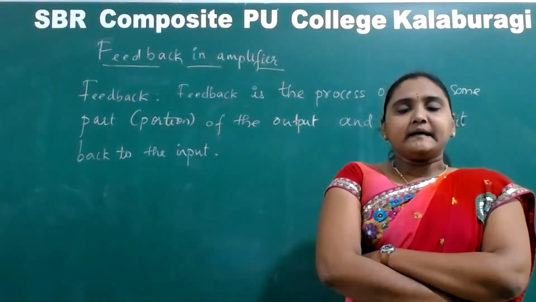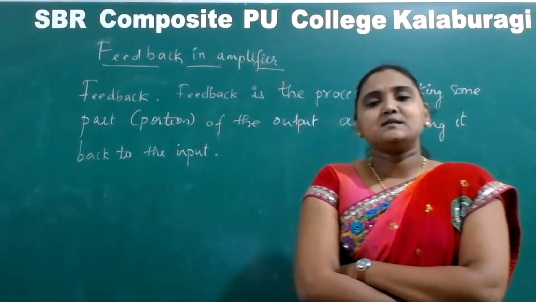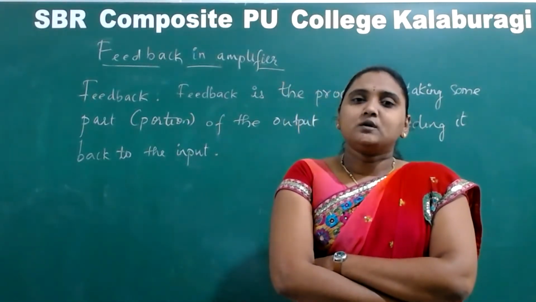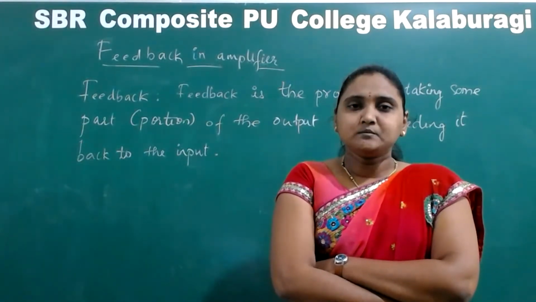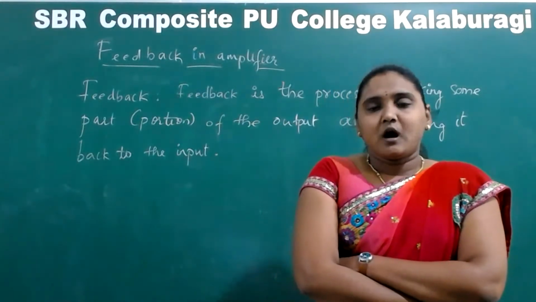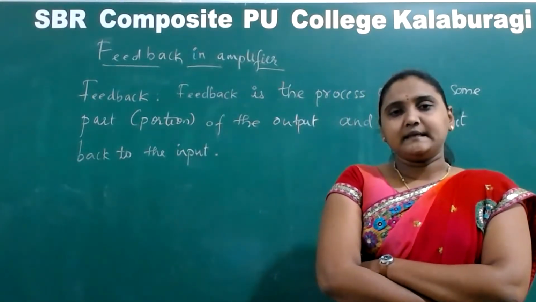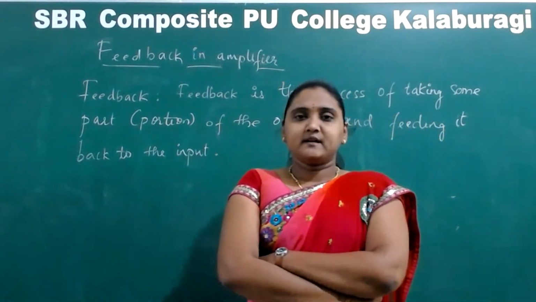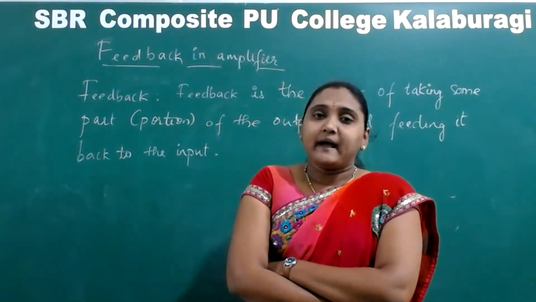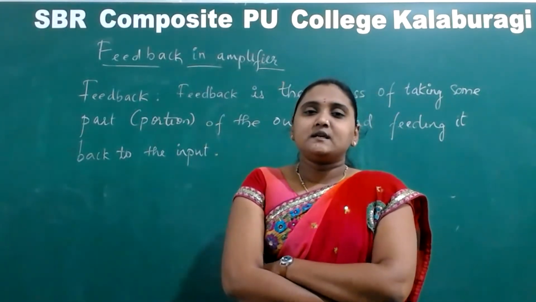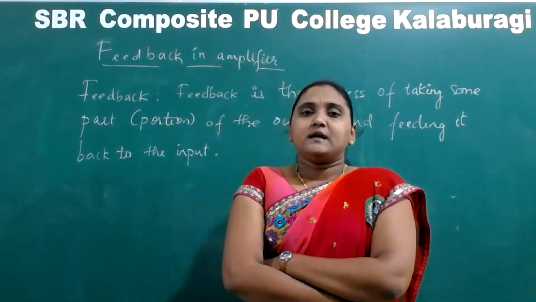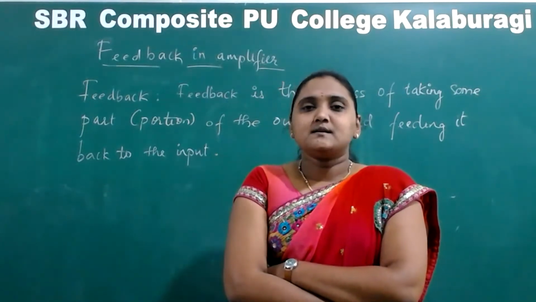This feedback signal is basically the correction signal that keeps continuously correcting the value of the output. The output in the form of feedback is applied to the input and continuously gives a reference for correcting any distortions in the signal.